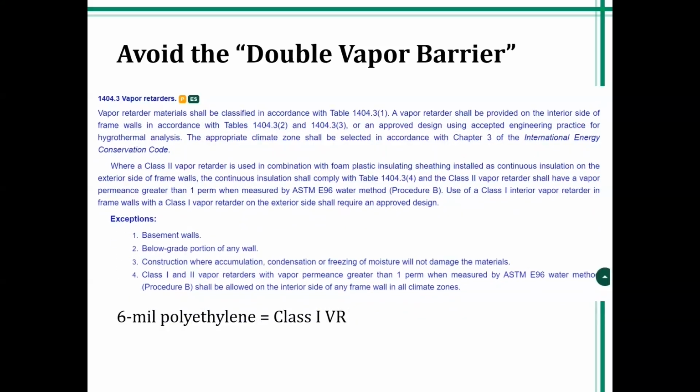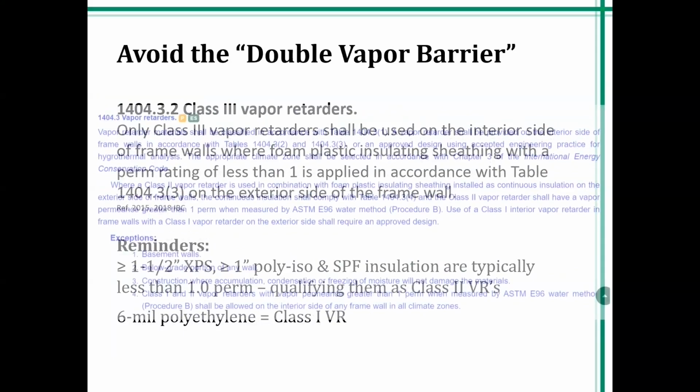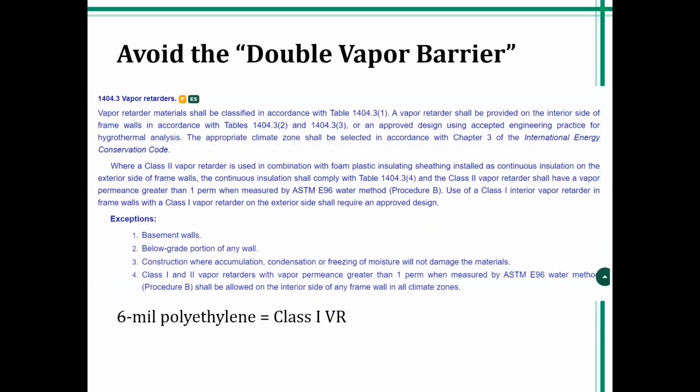The passage from the code, and this is actually the updated language. This is the more current passage, and it basically says where class 2 vapor retarders are used in combination with foam plastic insulation sheathing as CI on the exterior side of the walls, the continuous insulation shall comply with this table, and the class 2 vapor retarder shall have a vapor permeance greater than 1 perm when measured to E96.